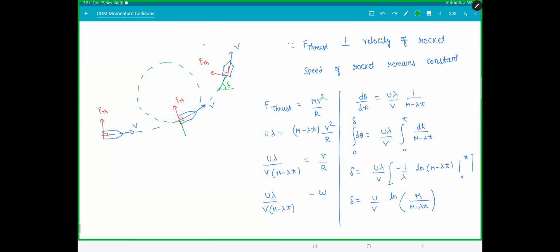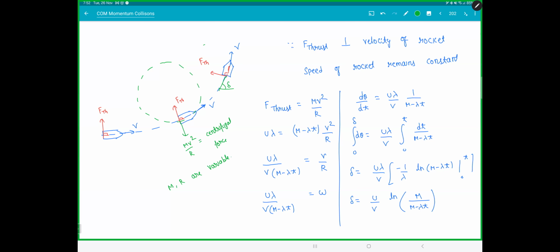So this F thrust force is balancing your centripetal force because it is going in a curve. Your R is variable. M is also variable. Mass is changing, radius is changing, but speed is constant. And thrust force is constant.